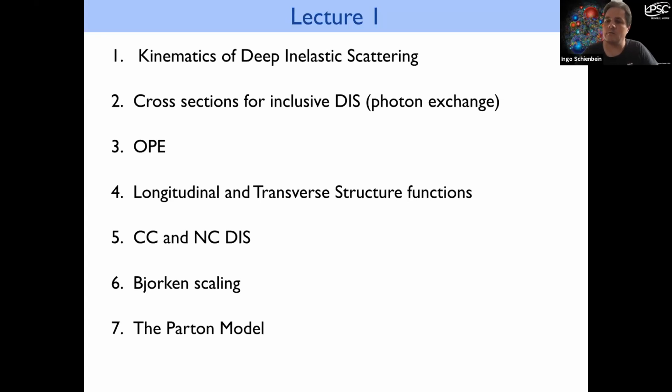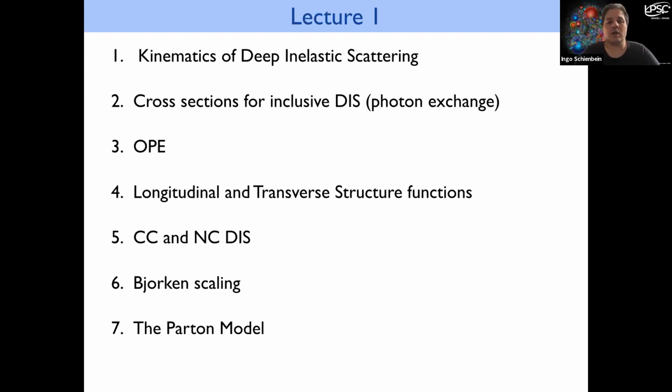I will do it very quickly because it's only half understandable on a few slides anyway, and I don't want to sacrifice too much time. Then I discuss where the longitudinal and transverse structure functions come from, how they are defined, and how they are related to the more well-known structure functions F2 and F1 and so on.